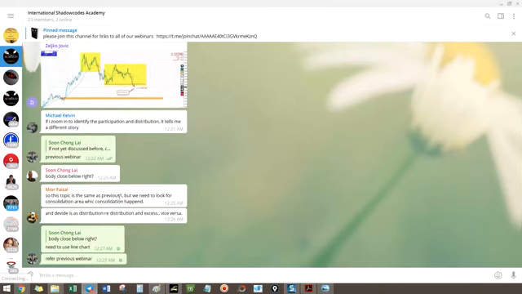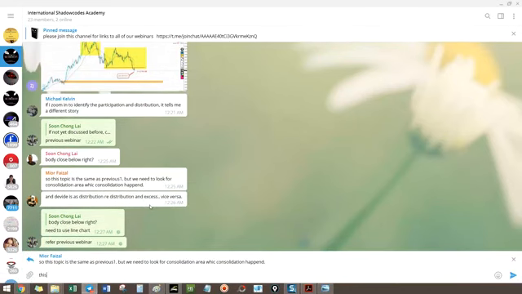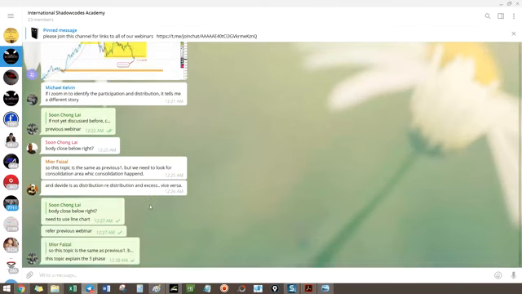So this topic is the same as previous one, but we need to look for consideration area which consider happen. Yes, correct. This topic explains the three phase. Previous topic explained the swing high and low and structure breaker.